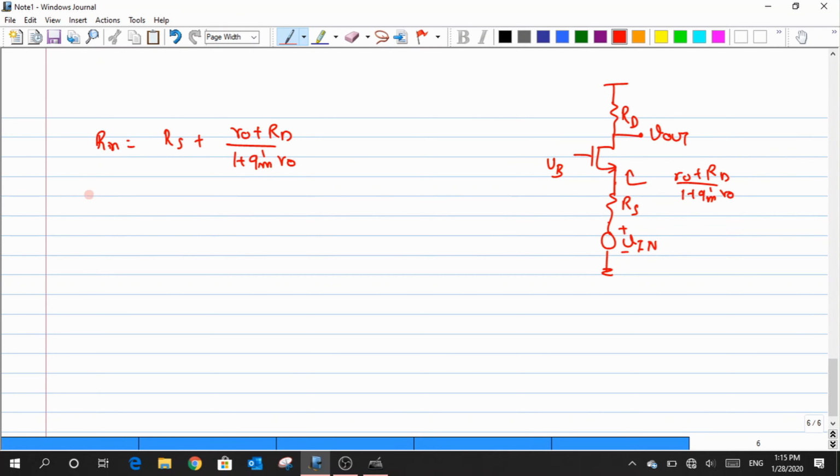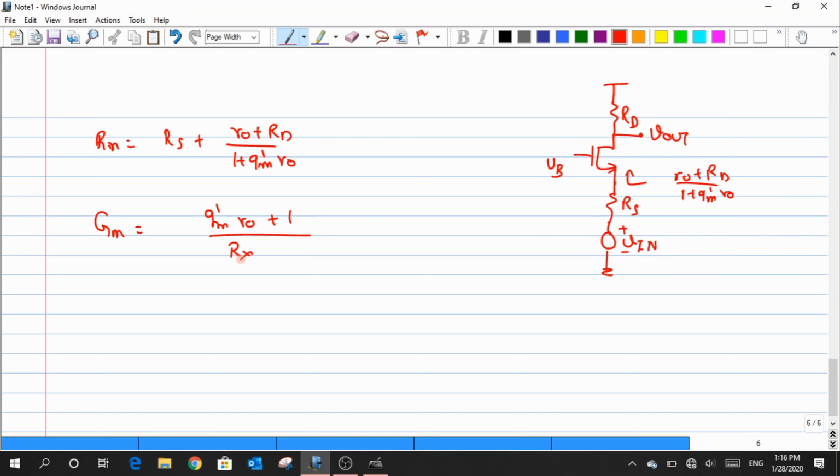Now, what about this capital GM? I think you have to work it out. Since we are running out of time, I'll just write down the final expression. There is one small exercise problem I thought I'd do at least. The final expression turns out to be GM prime R naught plus 1, and we have Rx at the bottom.